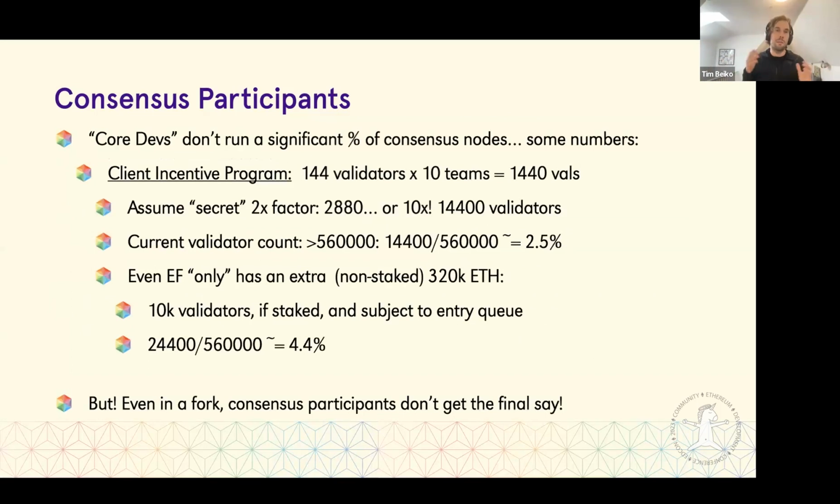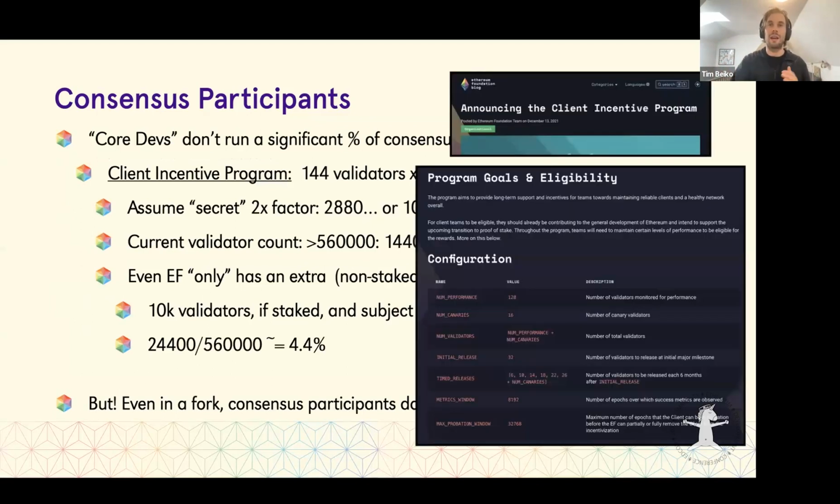And just to put this in practice, or numbers, sorry, as well, if you look at core devs as an example, core devs don't run a significant amount of consensus nodes on the network. So a few years ago, we announced a client incentive program where we gave all of the client teams about 144 validators to run and obviously test their software, to make sure that when we're telling everybody else to run those validators, we know it's working.